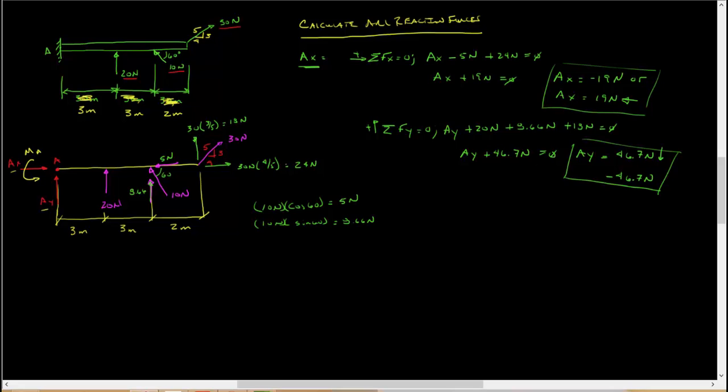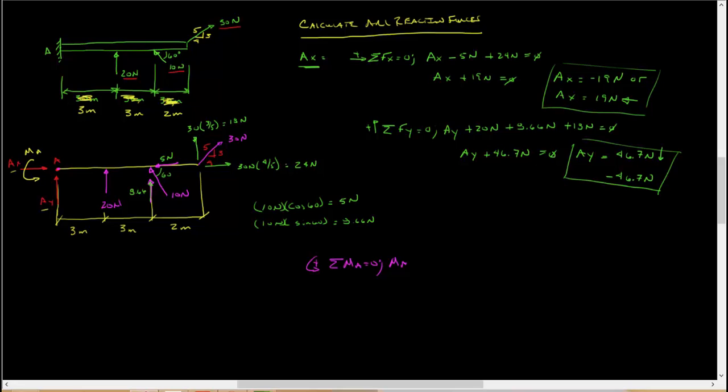Now if I sum my moment about A, note how AX directly goes into that point, and so does AY. So I don't need to worry about AX or AY since they have no perpendicular distance. But I do assume that moment about A is positive, because I am assuming that it is going counterclockwise.